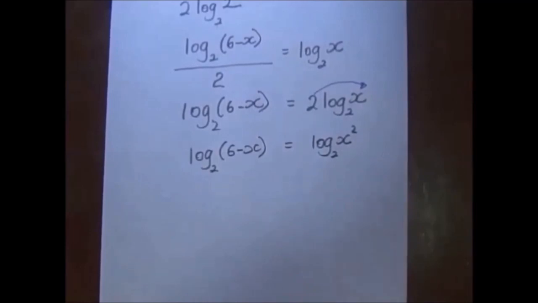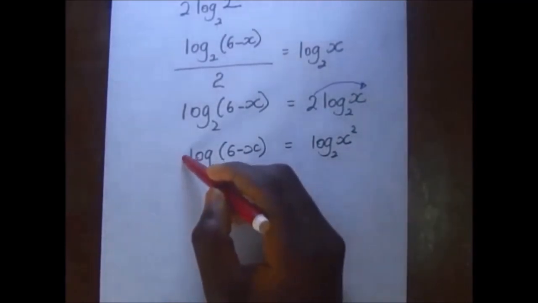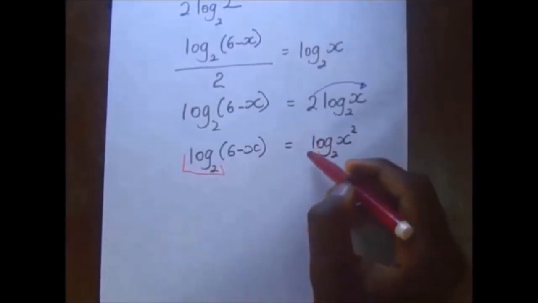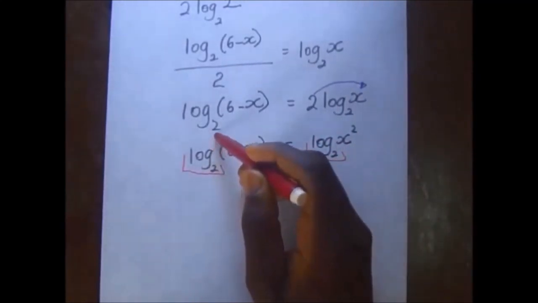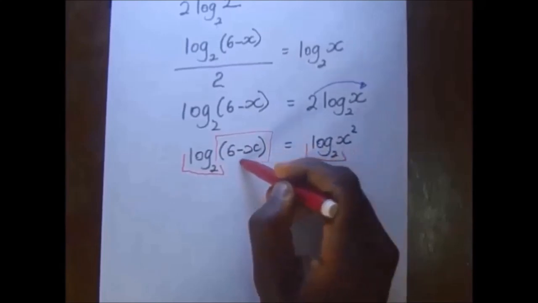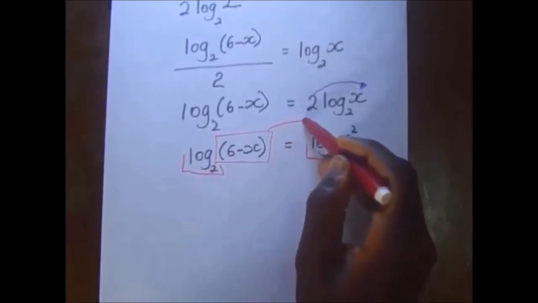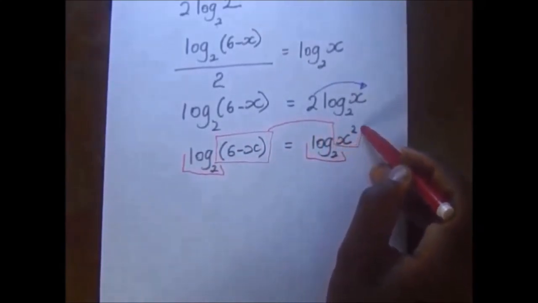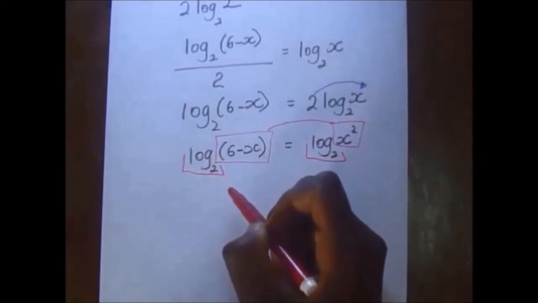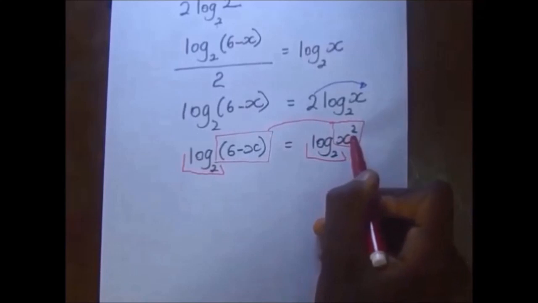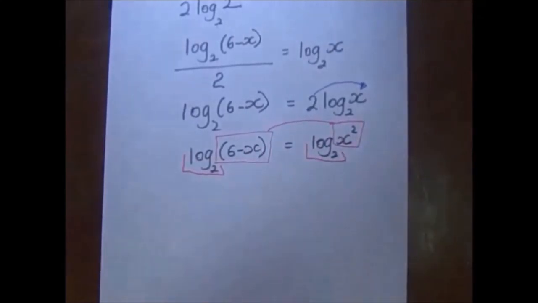Here we are seeing that you're having log base 2 on this side, log base 2 on that side. So it means that the values of those logarithms are the same. This value there should be equal to that value there, since it's log base 2, log base 2. So here what we do is simply equate this to that, and we get our value of x.